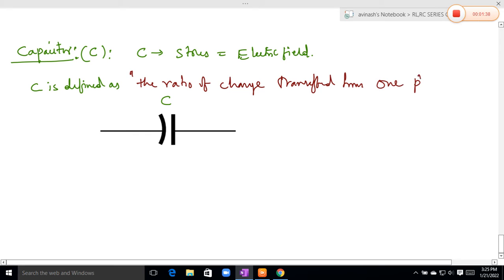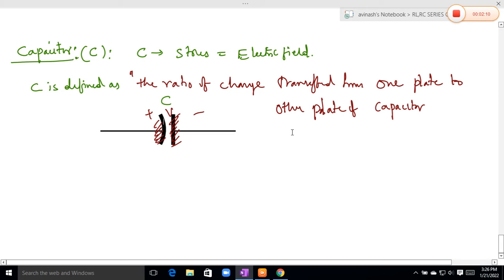One positive plate, one negative plate. The ratio of the amount of charge transferred from one plate to the other plate of the capacitor, to the potential difference produced between these two plates.